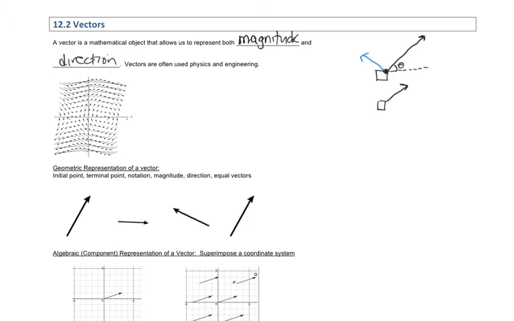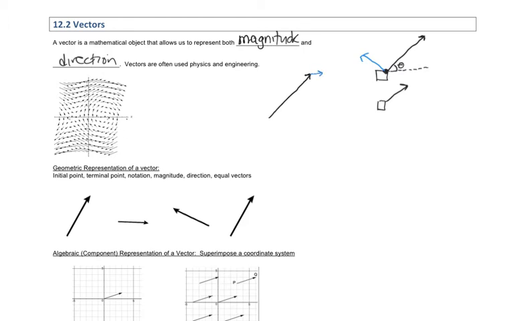Okay, so where do these come up in math and physics and engineering? Well, one place, and a very big place, is what I just said, a force. Another would be, for instance, if I have an airplane flying along here at 400 miles per hour, and we have a wind blowing here that is maybe 50 miles per hour.